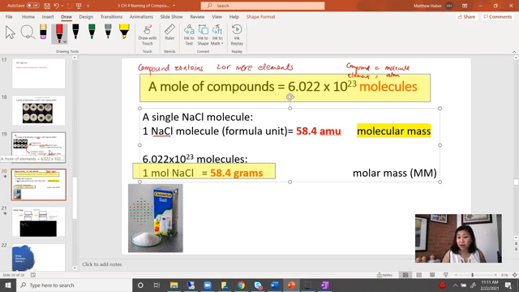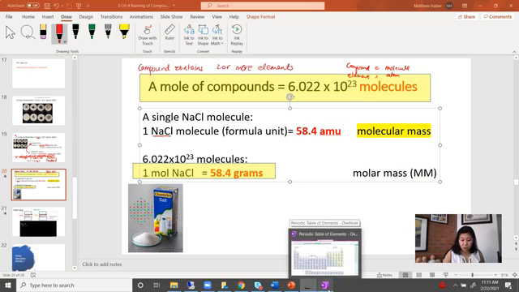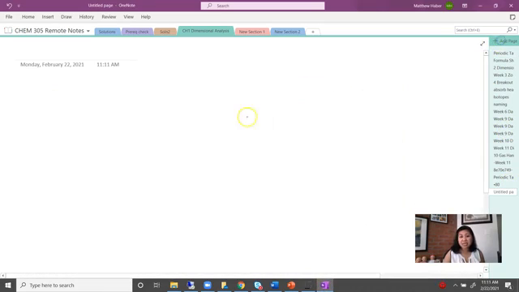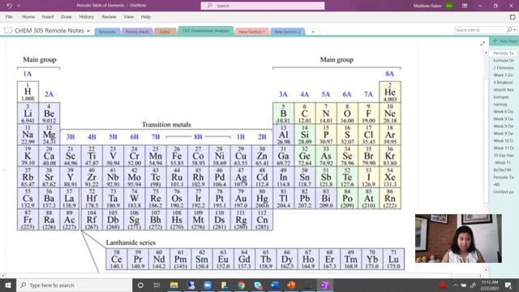Contrast that to the mass of an atom, okay? It's atomic mass, but the unit is still AMU. So if you are asked to find the mass of one calcium nitrate molecule, all you need to do is add the weight of all of the atoms present in calcium nitrate.